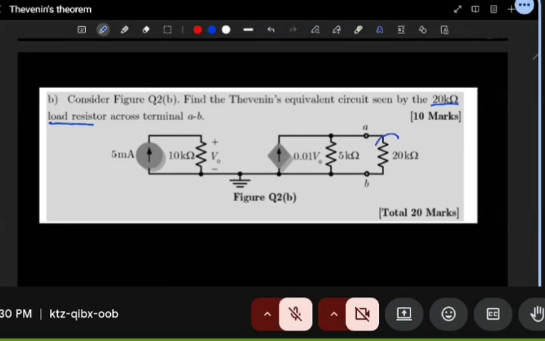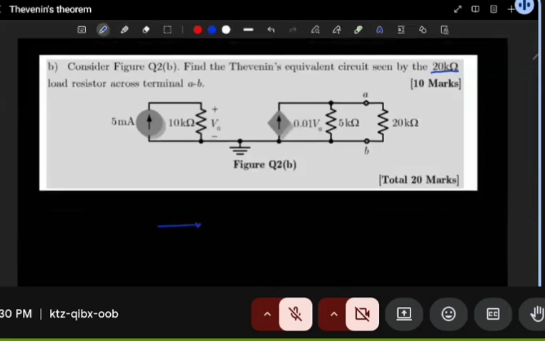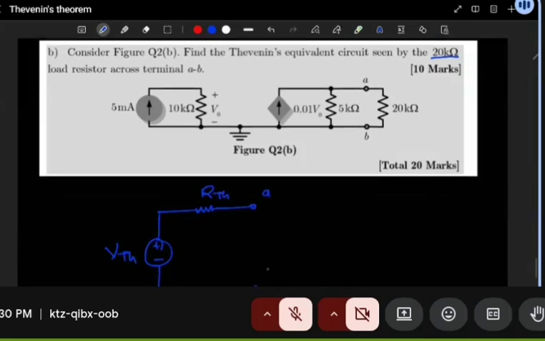Now, how does it work? Once you know where the load resistor is, you want to reduce everything else in the circuit to just one resistor, the Thevenin's equivalent resistance, and one power source, a voltage source connected in series with the Thevenin's resistor. This is going to be the Thevenin's equivalent voltage, and then connected to the 2 points A and B. And then afterwards, you can bring back the load resistor.